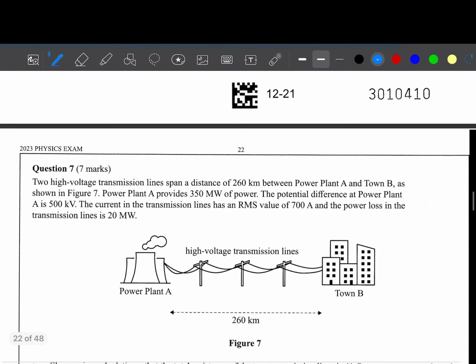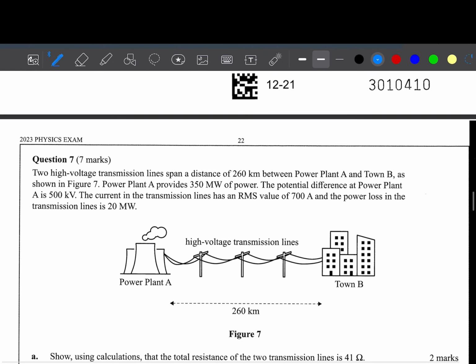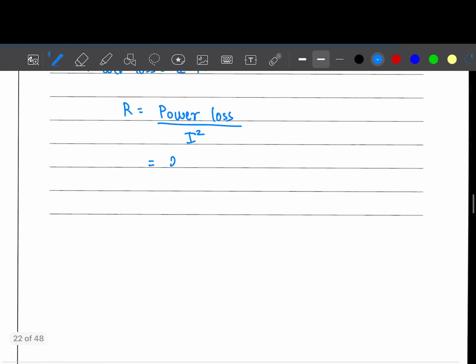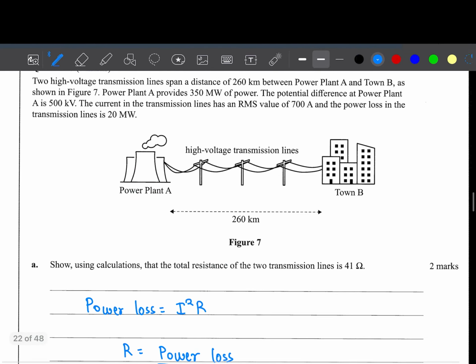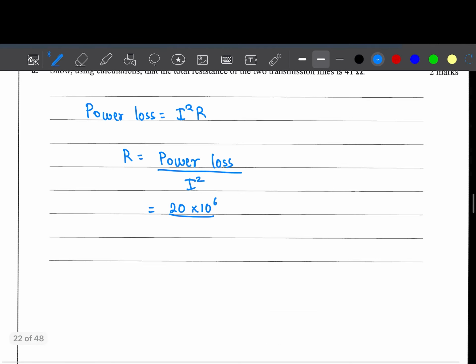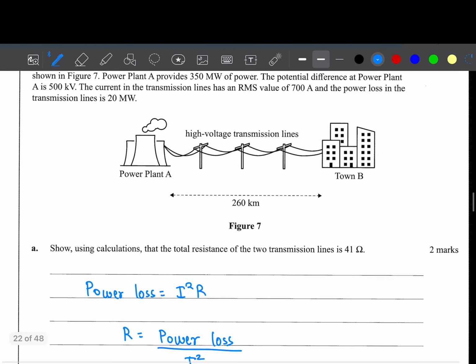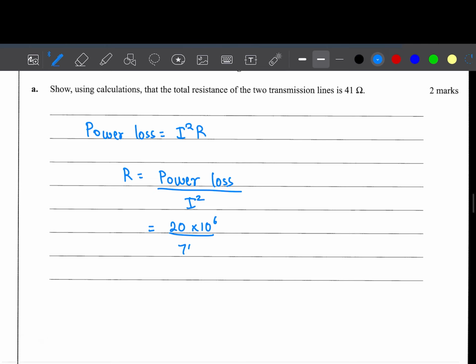Power loss is going to be 20 times 10 to the power of 6, a conversion because this is megawatts and we're converting into watts, divided by I squared, which is 700 amps. 700 squared, so that should give me about 41 ohms.